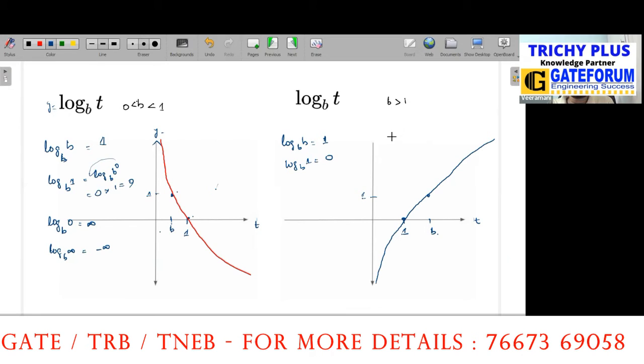Now tell me, what is log base b of 0? What is log base b of 0? Infinity. Plus infinity or minus infinity? Where is it approaching?